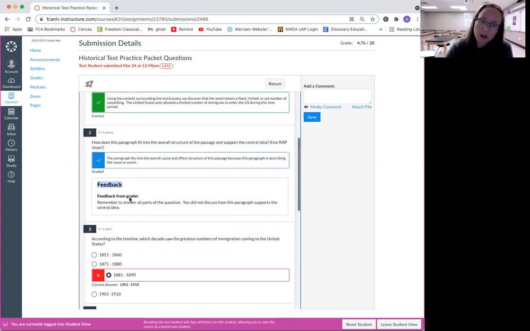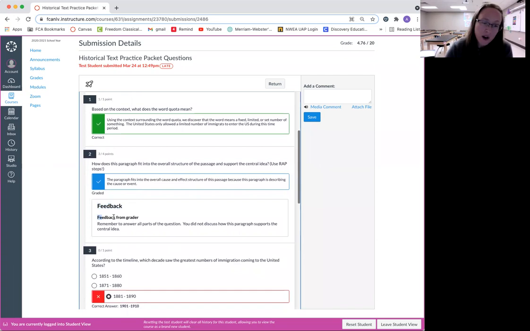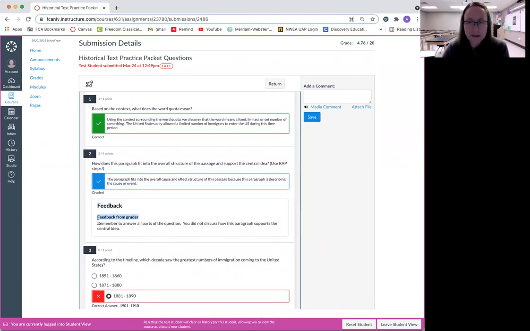This is something I wanted to show you: feedback from the grader, which is your teacher. And what did I say to myself in my imaginary assignment? I said, remember to answer all parts of the question. You did not discuss how this paragraph supports the central idea. Okay, so that is why I got 3 out of 4 points. I did not answer the second part of this question.